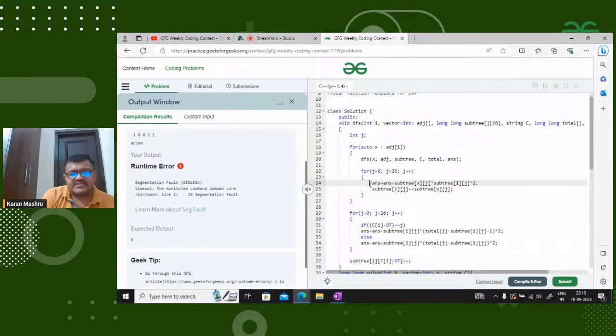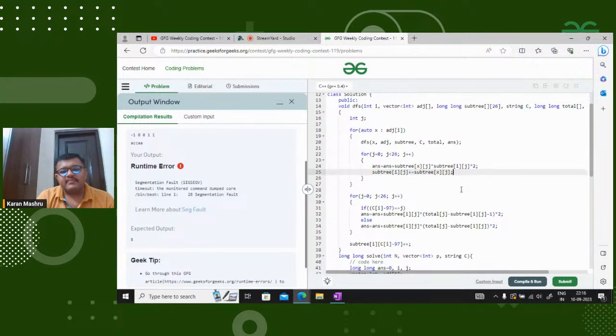And what we will do, answer equals answer plus subtree of xj into subtree of ij into 2, will basically count the number of triplets where the first node, that is a and c, are in the same subtree but in different branches. Then whenever we call dfs on a particular node x, we are traversing the branch starting from x, right? And that branch is also the subtree of i. So we say subtree of ij plus equals subtree of xj, right? Because now we will go to the next branch.